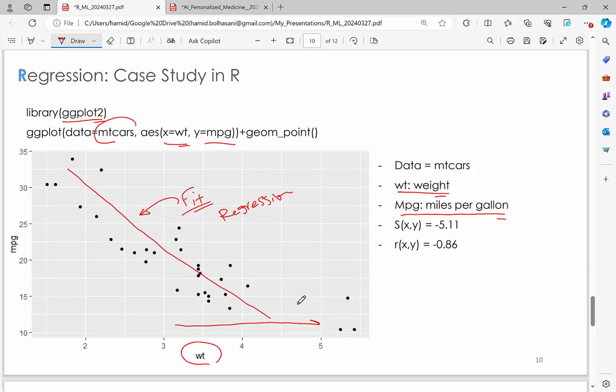Our purpose is to find this line and predict the values of the data that we don't have, and it is the fundamental of machine learning, because it covers some data that we don't have.